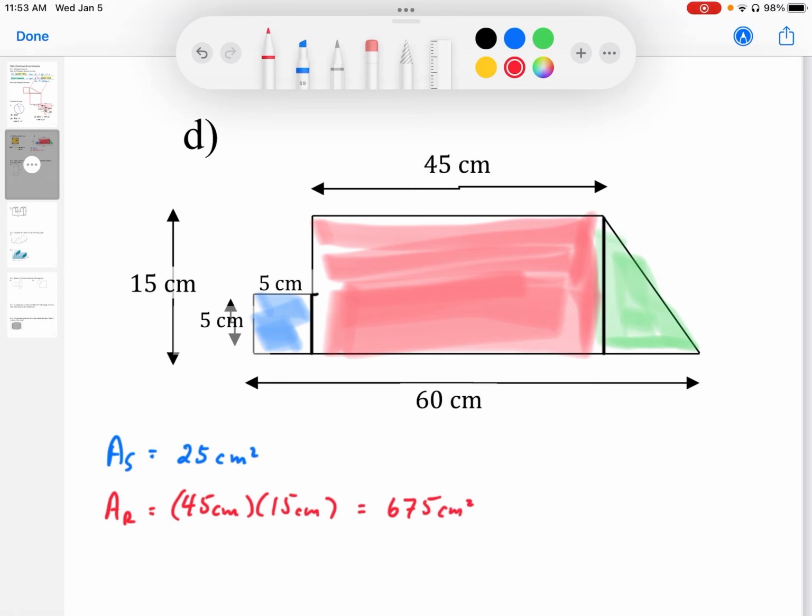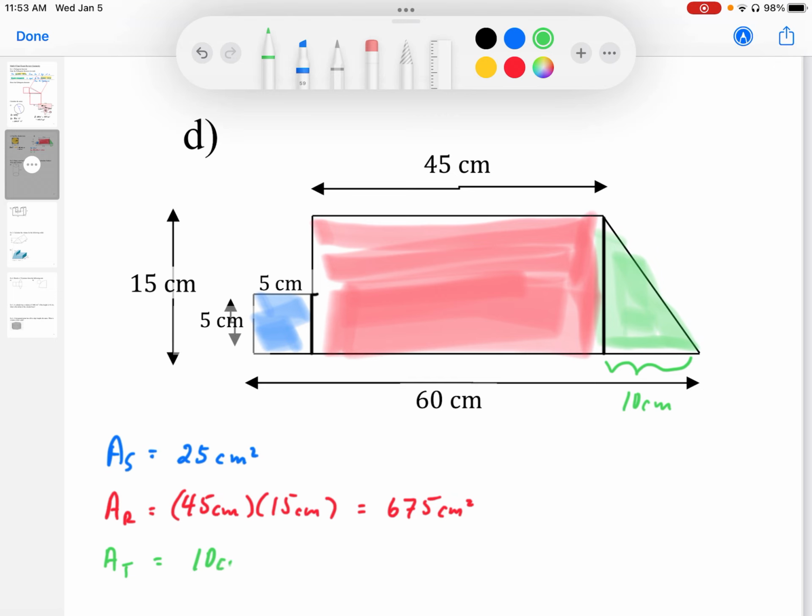Okay, so lastly, I have the area of the triangle, and we need to know the width of this triangle. Okay, we know the total length is going to be 60. We have to take away a length of 5 and a length of 45. So we know that this length here is going to be 10 centimeters. We need to use a 90-degree height. So we're going to use a vertical height, which is 15 centimeters.